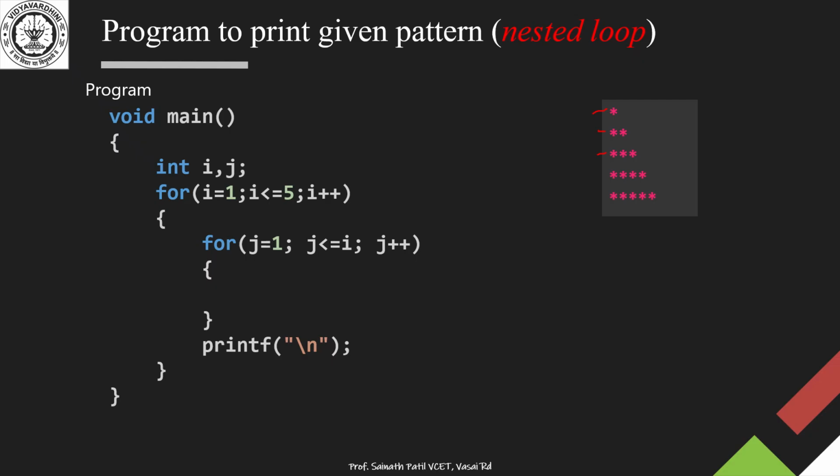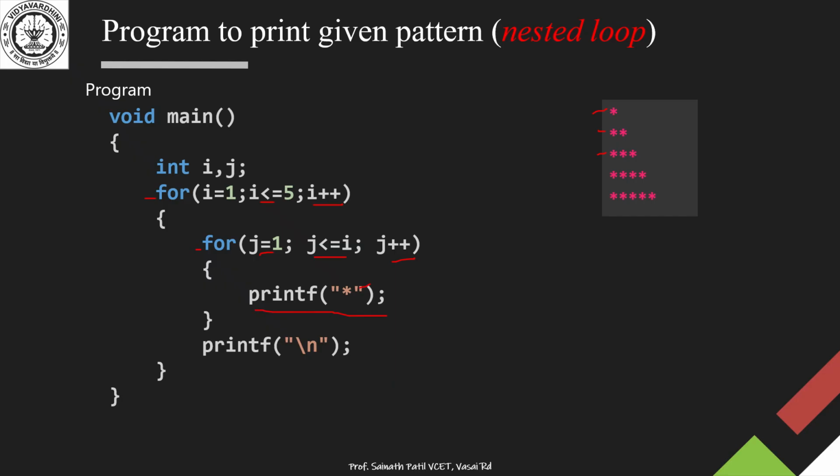Here it is. In the previous program, if you check, the outer for loop is i is equal to 1, i less than equal to 5, i plus plus, exactly similar. The inner for loop is j is equal to 1, j less than equal to i, j plus plus, exactly similar. Only this statement will change in this program.